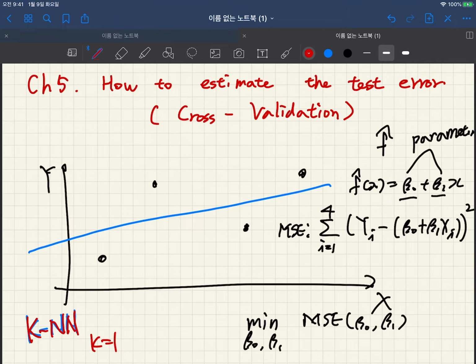For instance, in this case, let's say for this input, the nearest neighbor among the 4 training data points is this, right? The distance to x1 is the least one among 4 distances. So the output just follows the output of the nearest neighbor. So the result will be this.